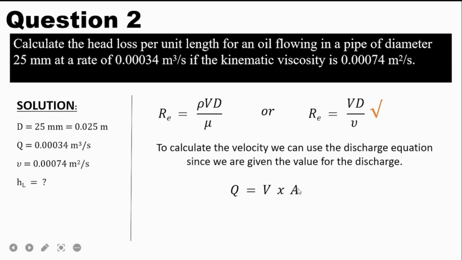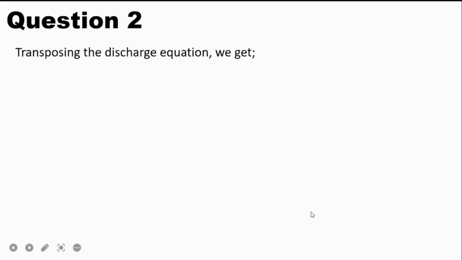We can find the area of the pipe using the pipe's diameter. The discharge is given to us, so we can just transpose to find our velocity. When we transpose the equation, our velocity is equal to discharge over the area of the pipe, and the area of the pipe is equal to pi d squared over 4.